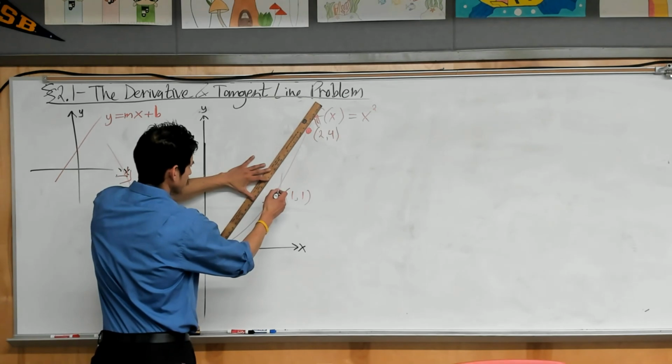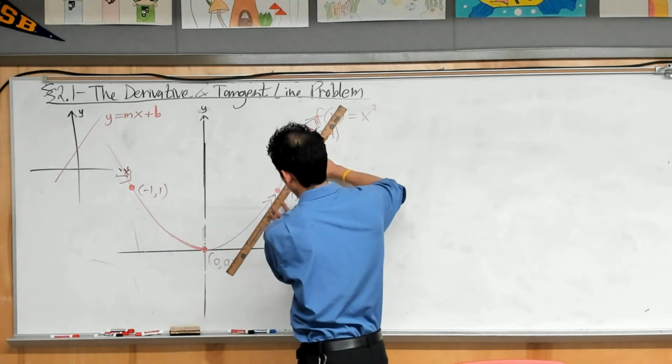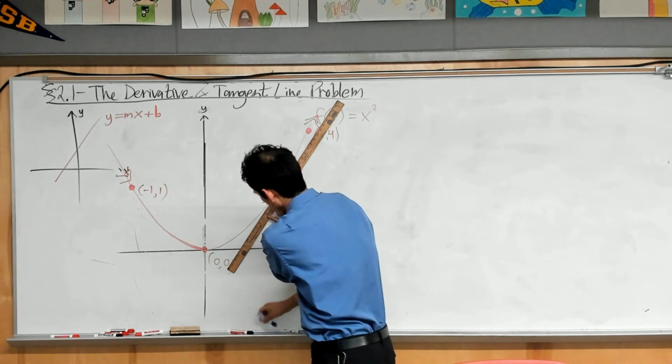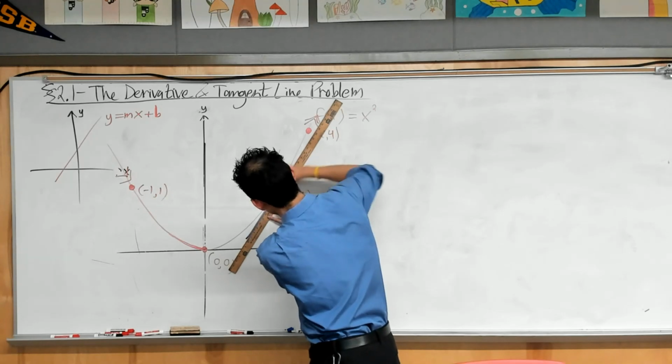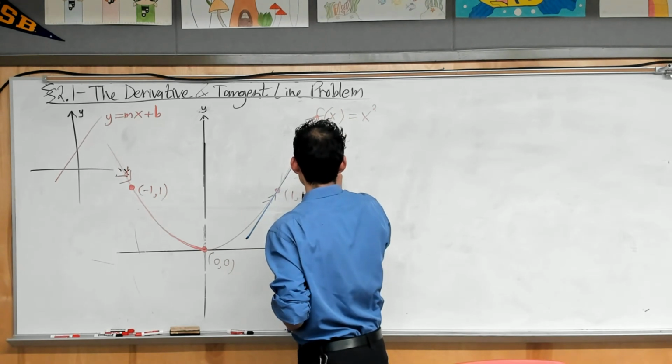But let's say we want to understand what's going on at 1, 1. Theoretically, we want to figure out the slope of a line like this. Let's make it blue. What's the slope of this line?